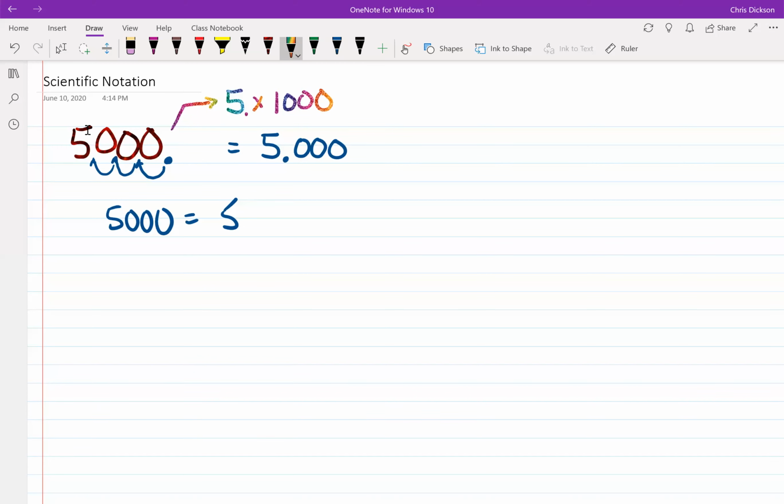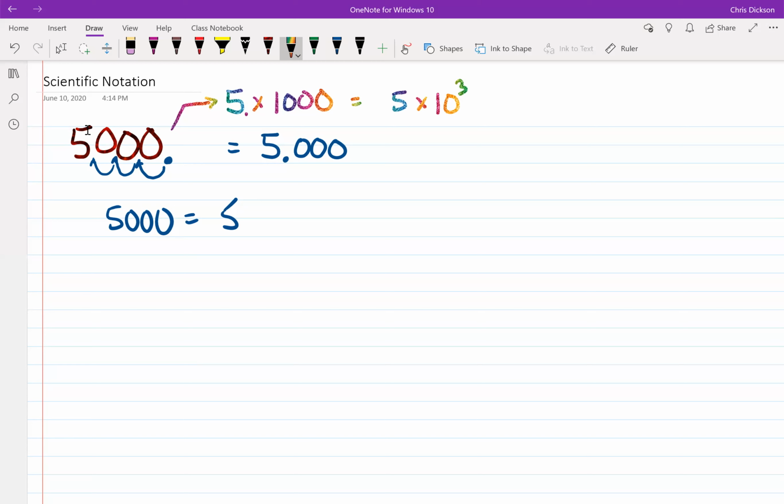So 5 multiplied by 1,000 is 5,000. We could write this as 5 multiplied by 10 to the power of 3, and that's because 10 times 10 times 10 is 1,000. So 5,000 equals 5.00 times 10 to the 3, or just 5 times 10 to the 3.